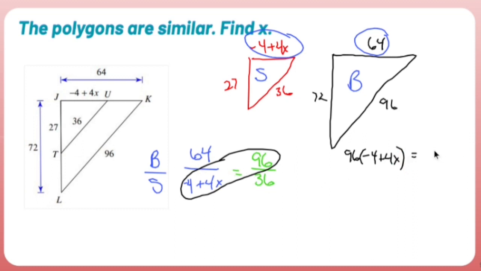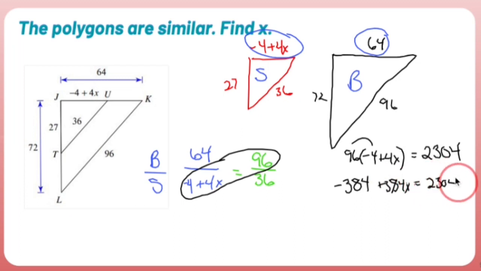Then you have an equal sign, and you multiply these two numbers together. 64 times 36 is 2,304. I did that in my mind. Now I distribute. 96 times negative 4 is negative 384, plus 384x equals 2,304.